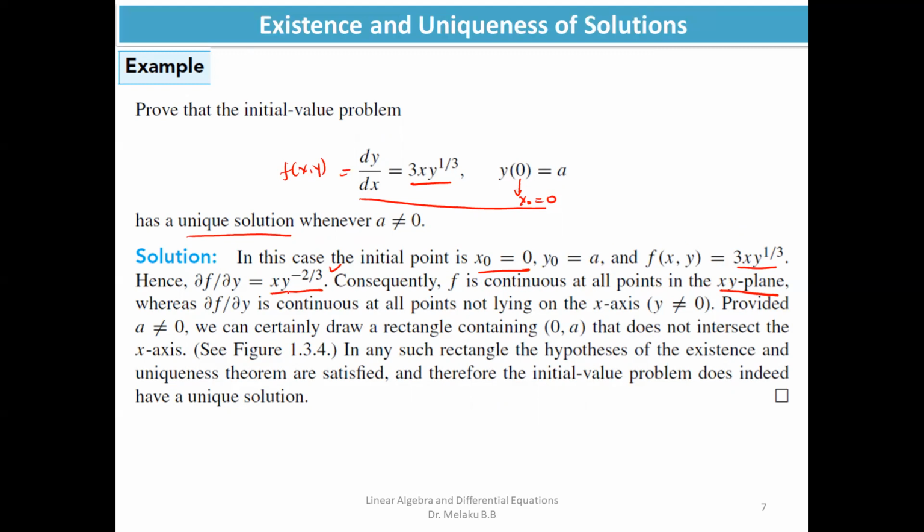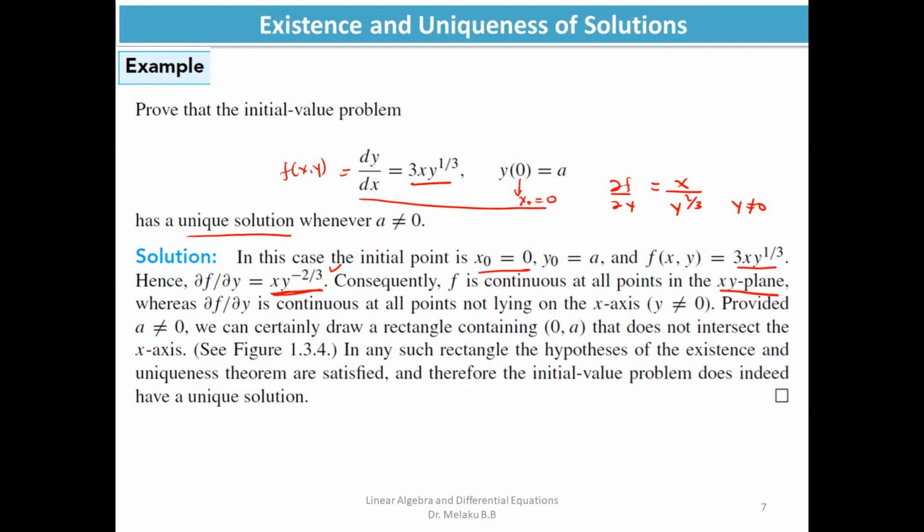How about the partial derivative with respect to y? You see, it is not continuous at y equal to 0, because the partial of f with respect to y is x over y to the power of 2/3. At y different from 0, it is okay; otherwise, not okay.